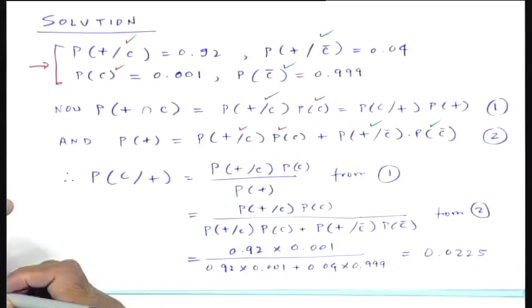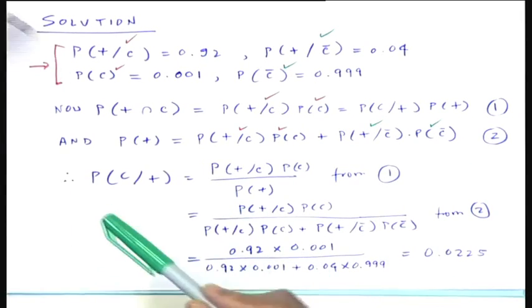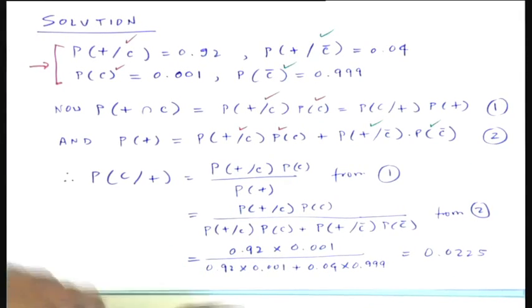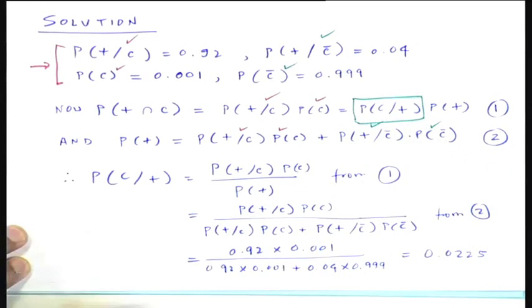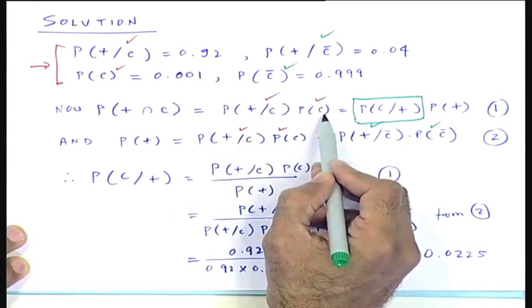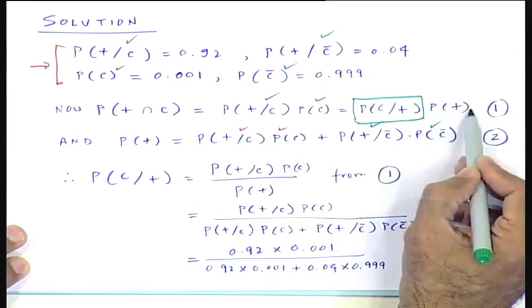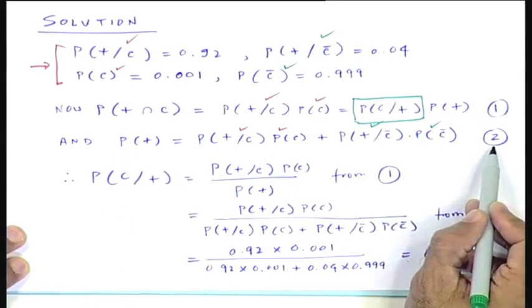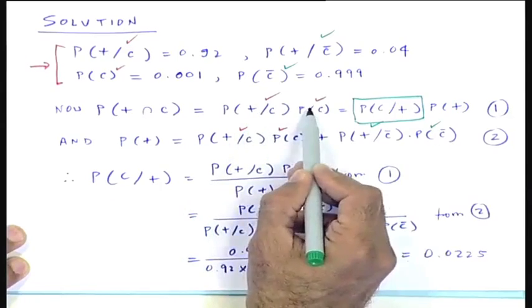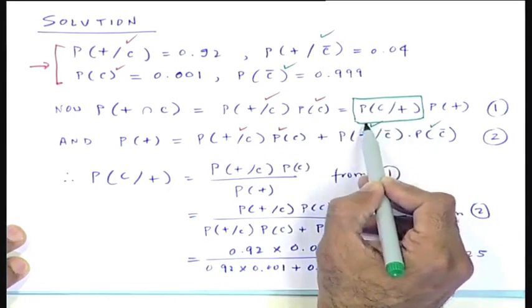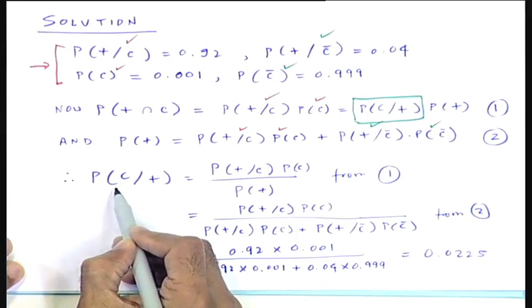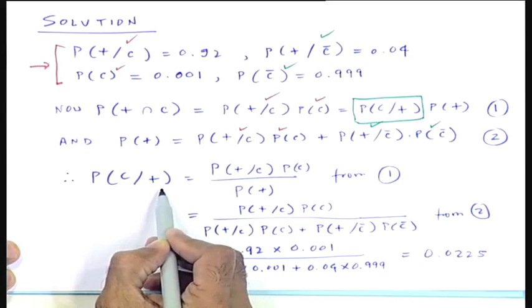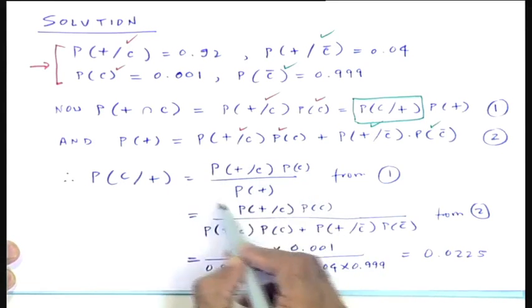I use this formula and I'm after this quantity. Let's put a green bar there. This is the quantity I'm after. I know this and I know this, and this quantity I have already evaluated by equation 2. So I know all three, and therefore I can find this. I write it right here: the probability of there being cancer given that the test is positive is equal to this quantity here.